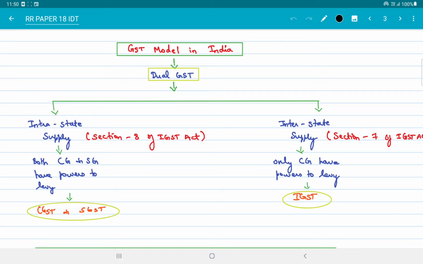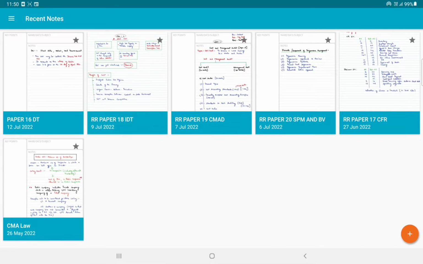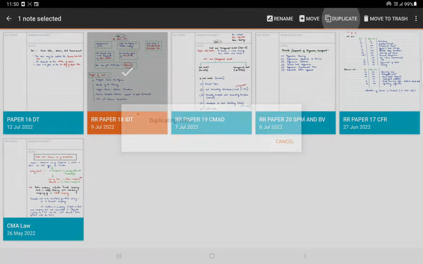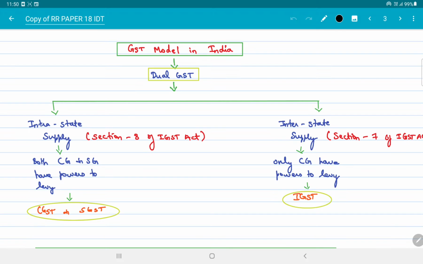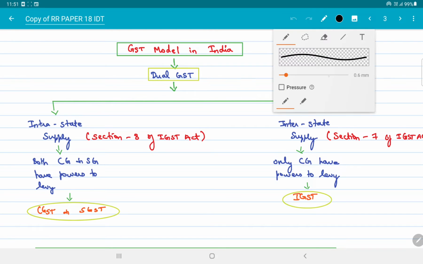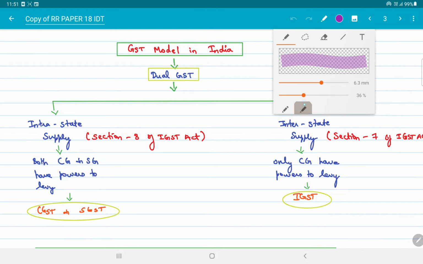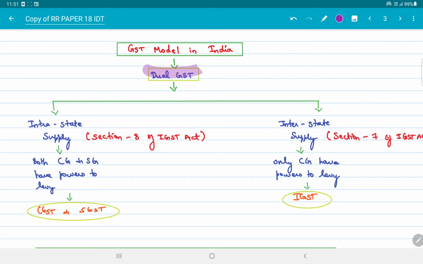In the last lecture we saw the GST model in India, and we understood that there is a dual GST model in India. How is it a dual GST model?